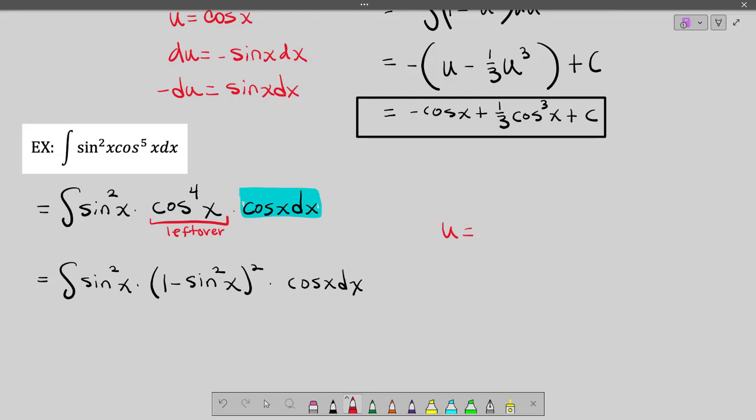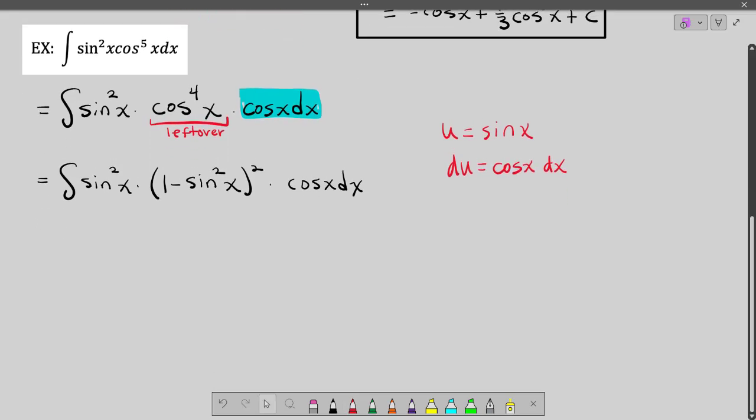If we pulled off a sine, then we're going to let u be cosine because its derivative would be over to the right in the blue box. So if we let u be sine, then du is cosine. And the nice thing about that is that, right, all this stuff just becomes u's.